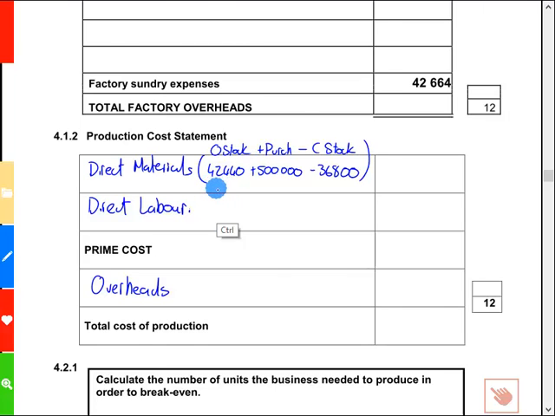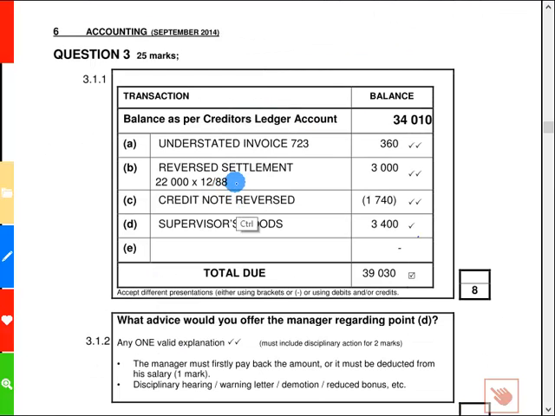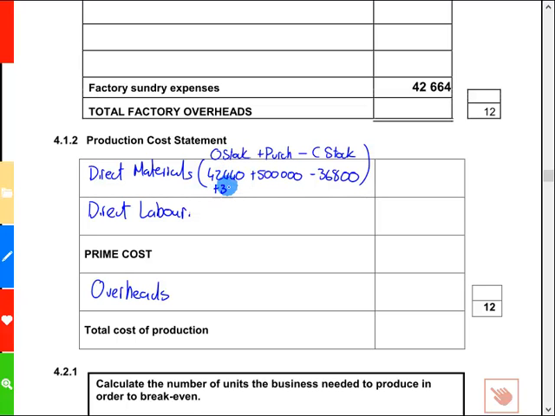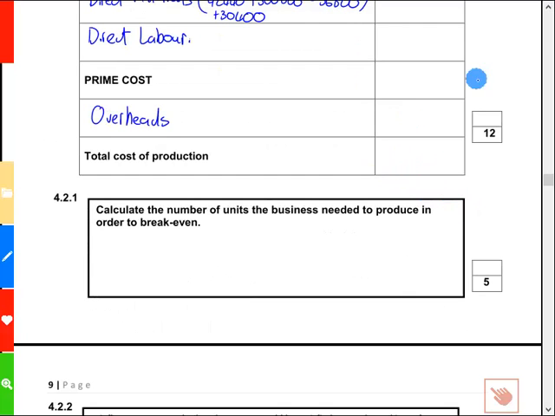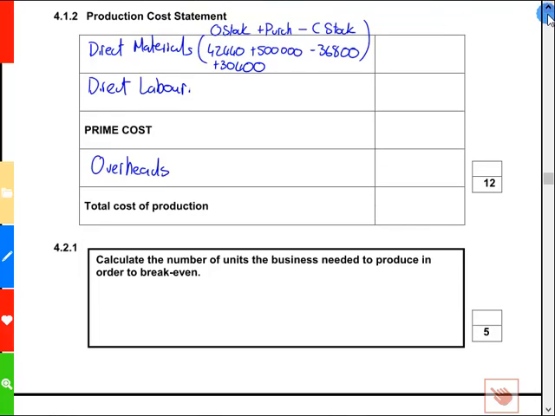So we need to add the raw material cost there of 3,400. Right, so we've added this as well. And then if we add this all together, we're going to get 536,040.